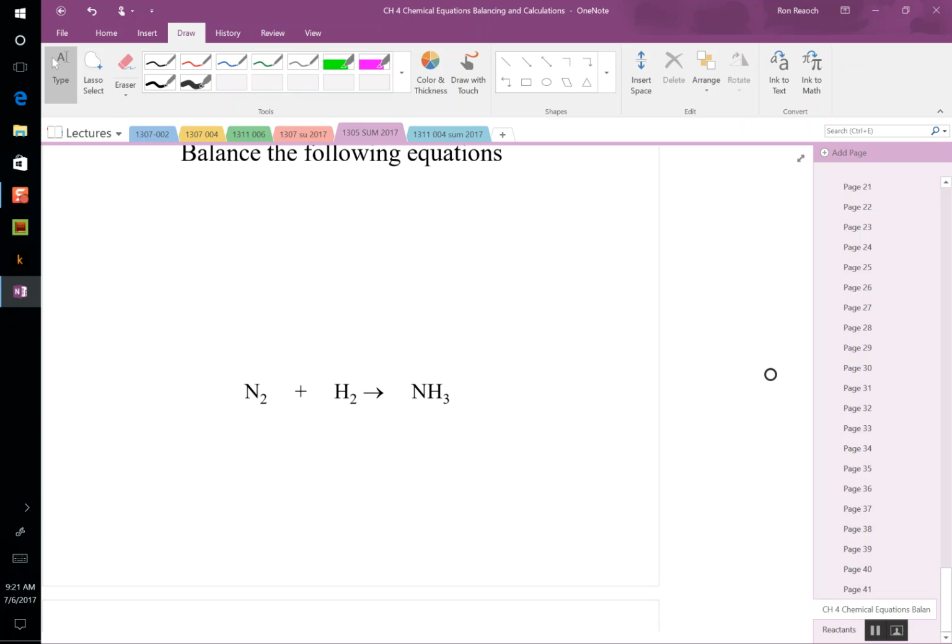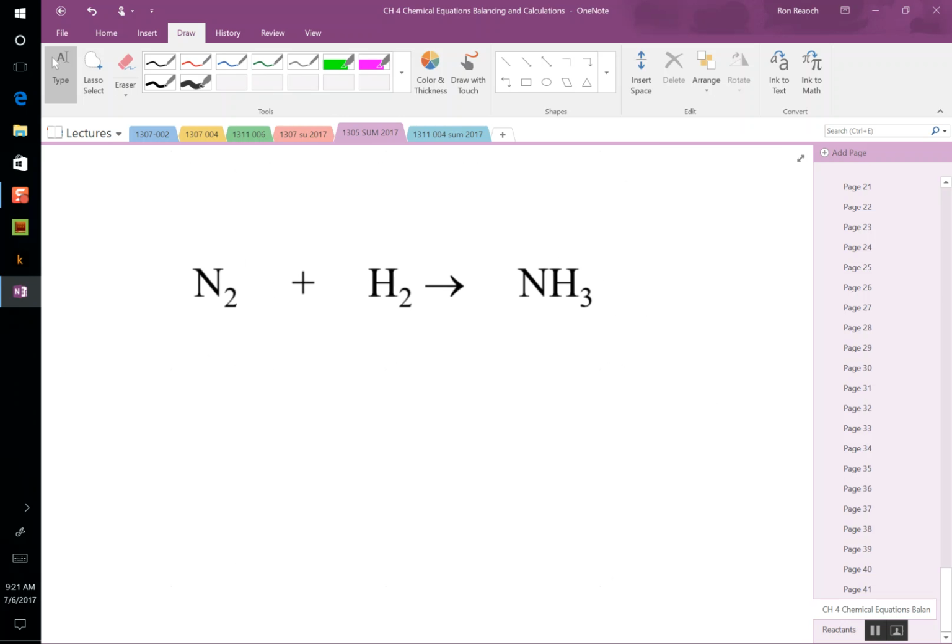Okay, go ahead and balance that one. This is nitrogen gas reacting with hydrogen gas to form ammonia. Someone have it?